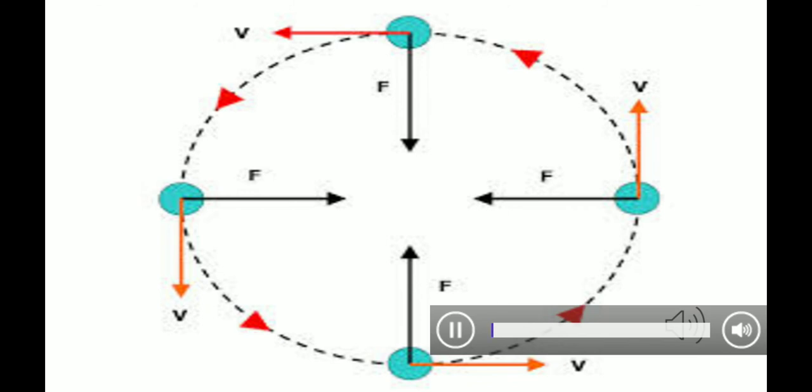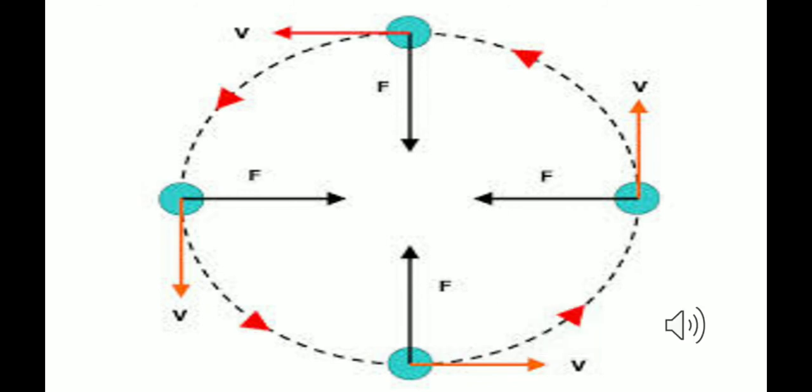Okay, now I'm talking about a case when a body moves in a circular path, the speed is uniform. So speed is the same when the body is moving in a circular path, covering equal distance in equal intervals of time.